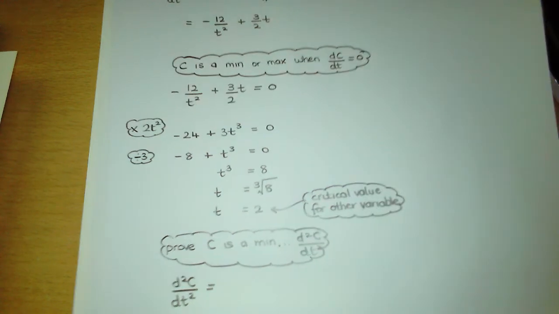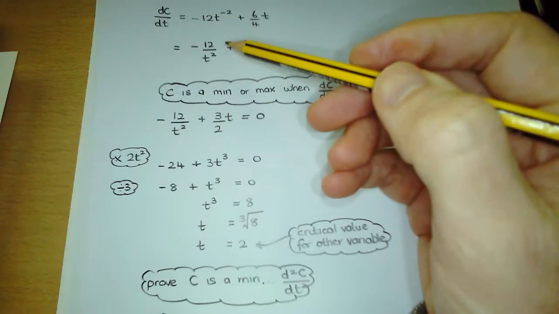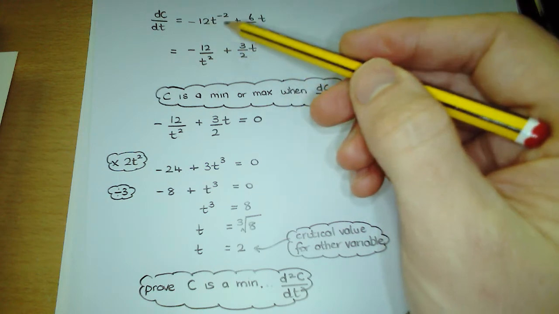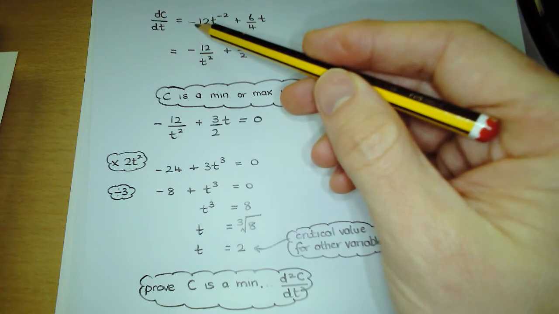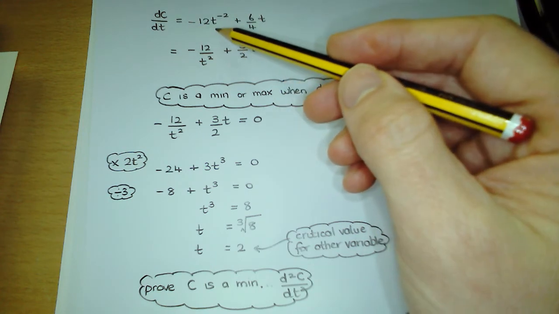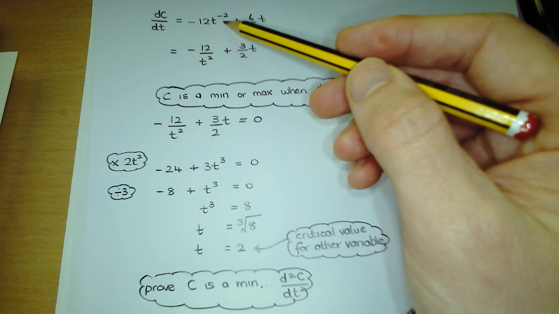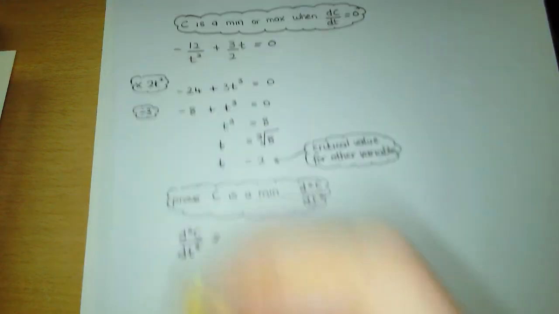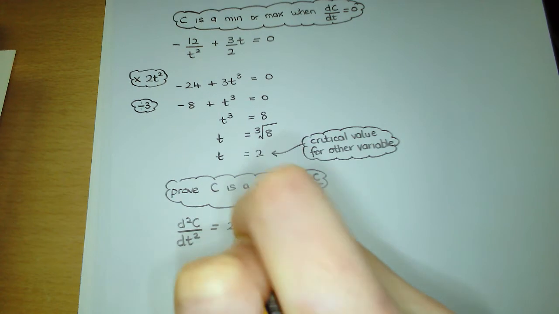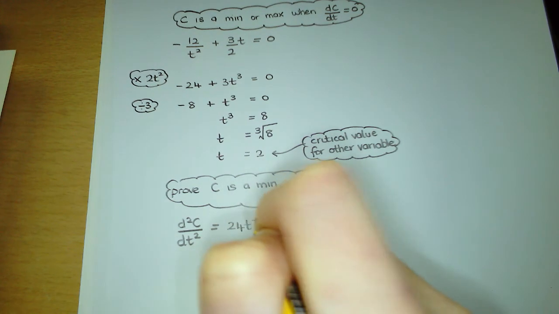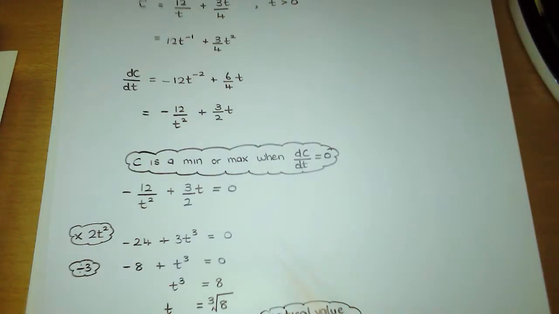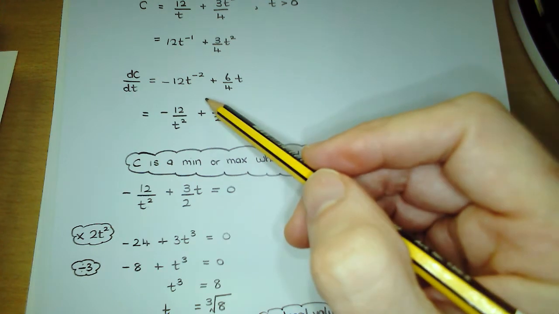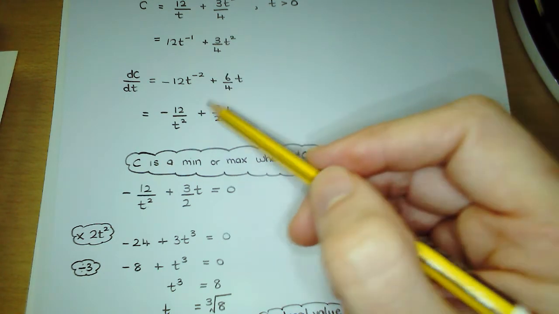So what we have to do is go back to dc by dt and differentiate again. So differentiate again, so we're multiplying by the power, so we're going to get positive 24t and then subtract 1 from the power. So we're going to get 24t to the power minus 3. And then differentiate the second term, which is 3 over 2.